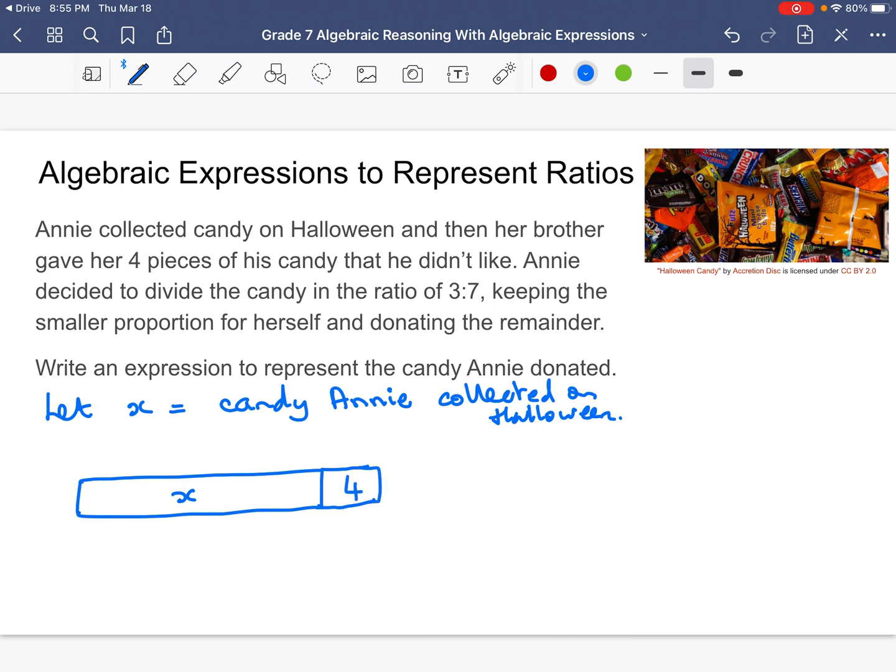And she's going to divide these in a ratio of 3 to 7. So out of every 10 pieces, she's going to keep 3 and donate 7 of those. So I'm going to divide this whole thing into tenths.